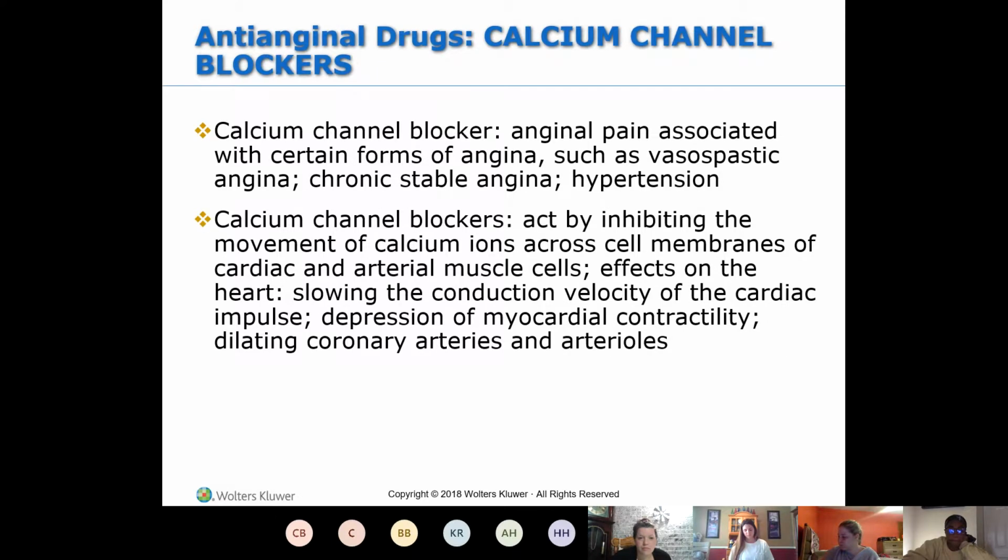All right, the mainstay, everybody say it together. The mainstay of treatment of acute chest pain is what? Everybody unmute. On the count of 3, the mainstay of treatment for acute chest pain is nitrates.